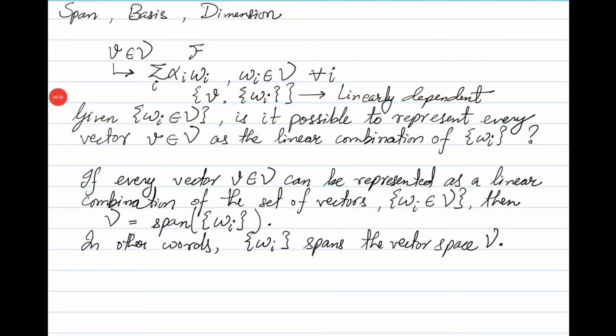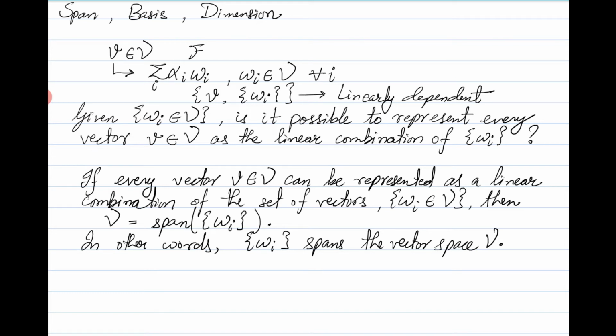So spanning means what? Essentially, if I'm given a set of vectors, I can sweep through the entire vector space and cover all the vectors in the vector space using this finite number of vectors. How? Given these vectors, you scale them by appropriate scaling factors and add them up, and you get a vector. You keep doing that, and you are able to generate all the vectors in the vector space.